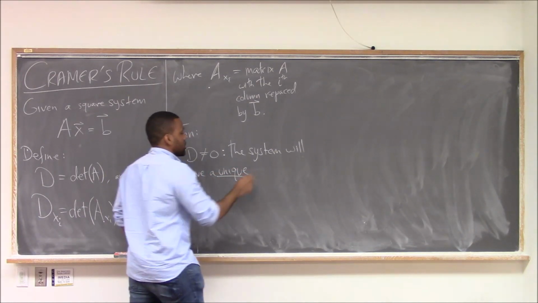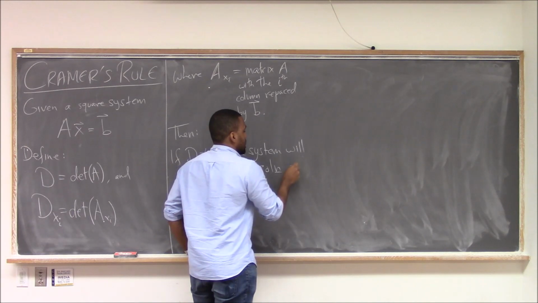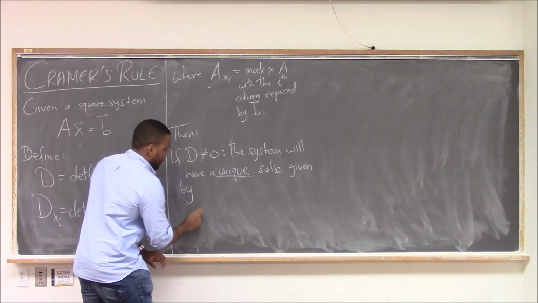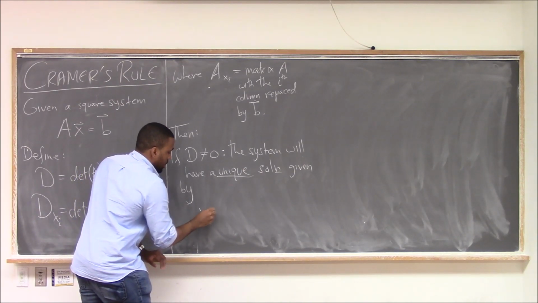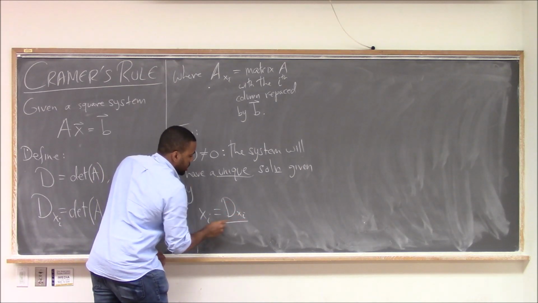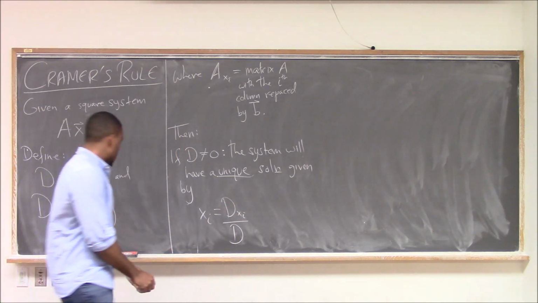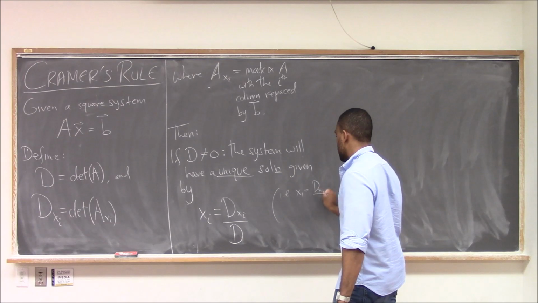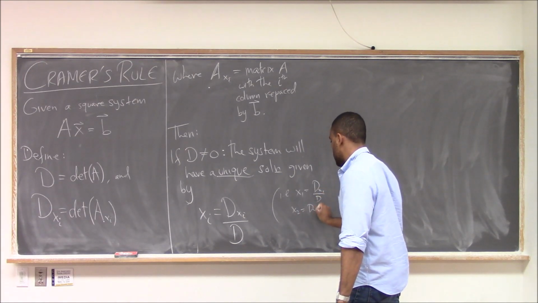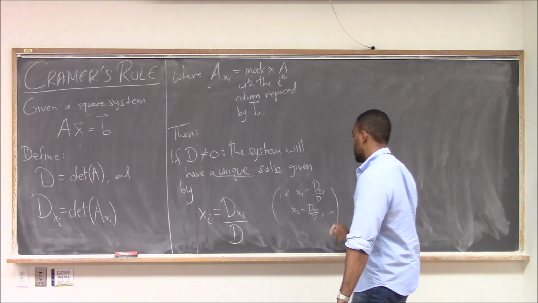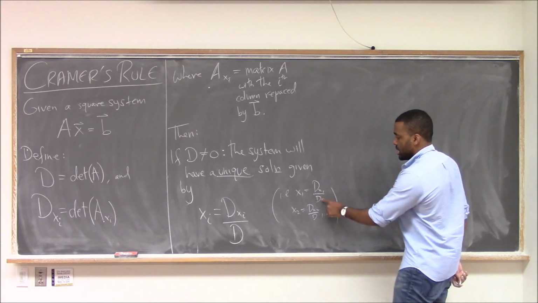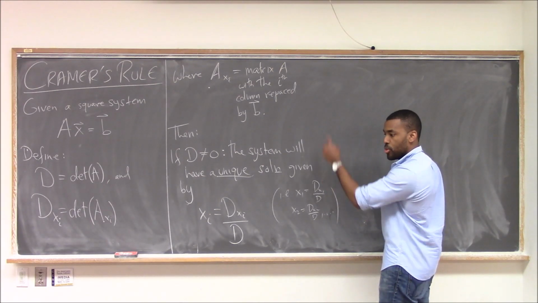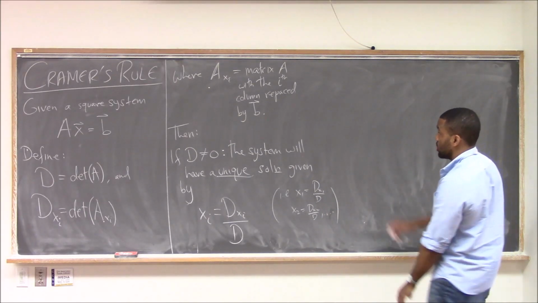There will only be one vector that solves this system, given by xi equals D sub xi divided by D. So x1 would be Dx1 over D, your x2 would be Dx2 over D, etc. Where D is the determinant of the coefficient matrix, and D sub xi is the determinant of the matrix you get if you replace the ith column of A with b.